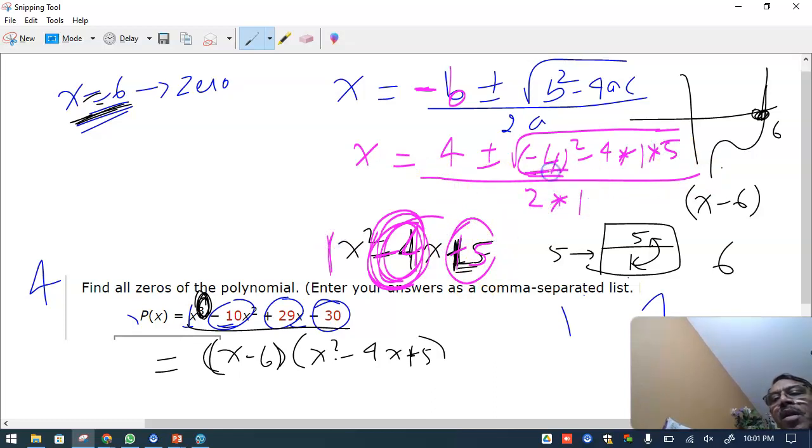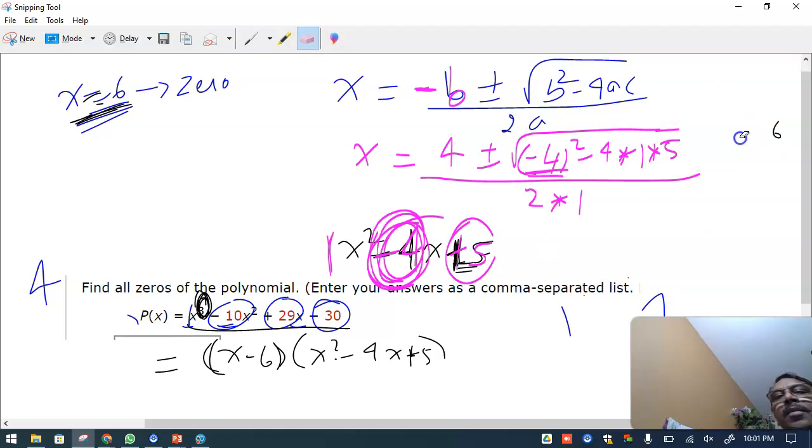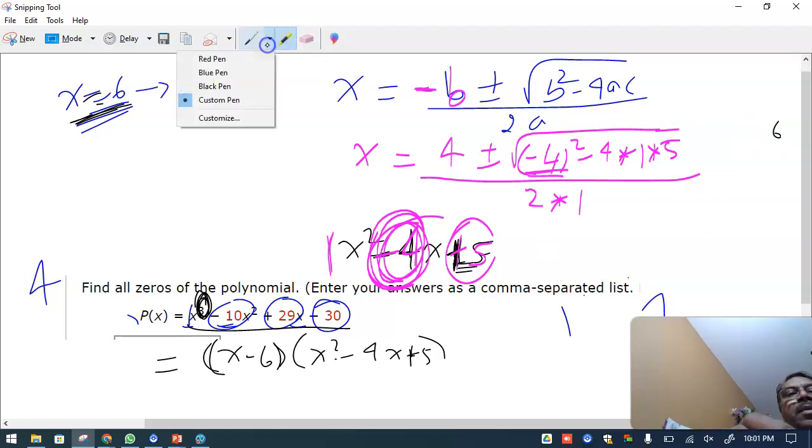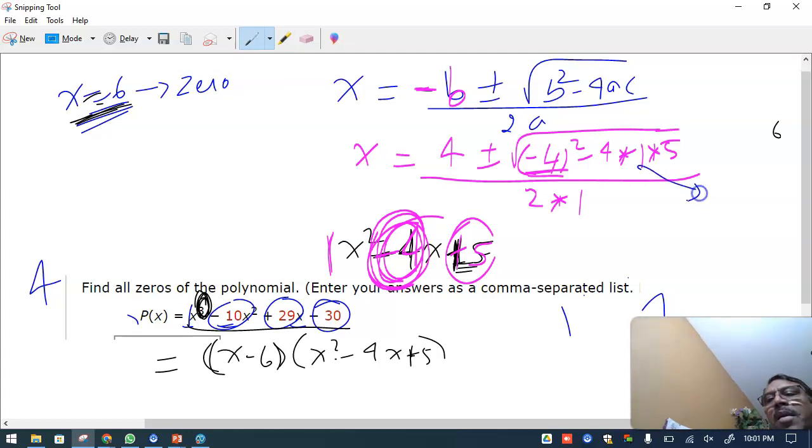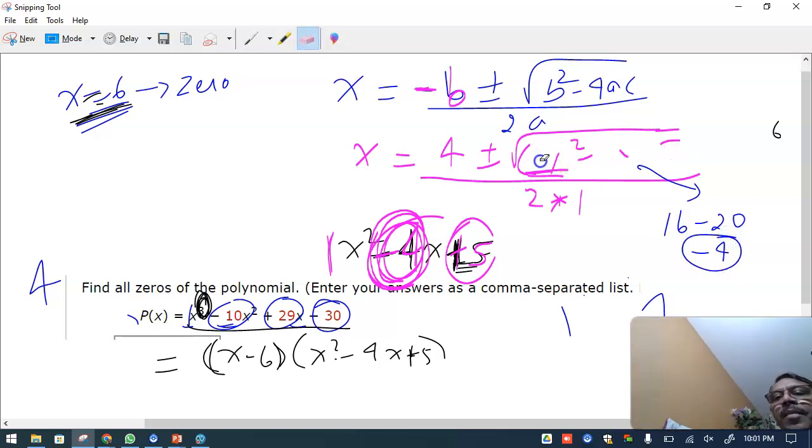Now this will be 16. You can do scratch work separately to see. So here, the radicand will be 16 minus 20, which will be minus 4.